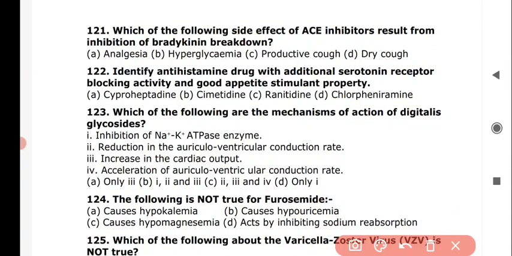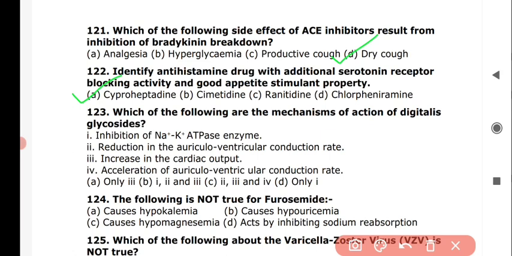Next question is, which of the following side effects of ACE inhibitors results from inhibition of bradykinin breakdown? And the correct answer is option D, dry cough. Next question is, identify the antihistamine drug with additional serotonin receptor blocking activity and appetite stimulating property. And the correct answer is option A, cyproheptadine.